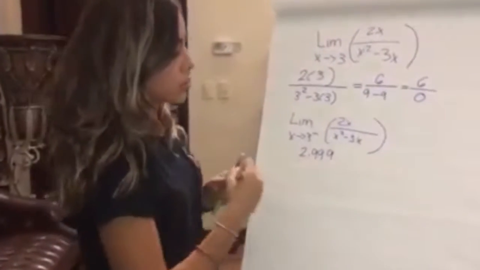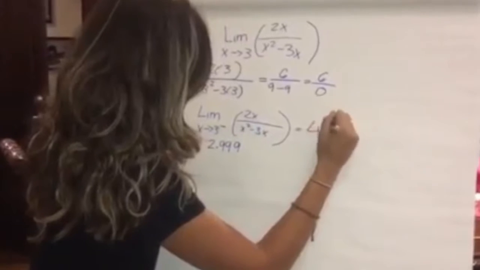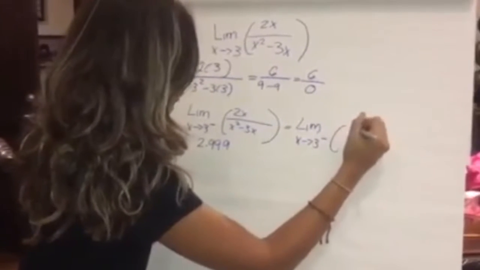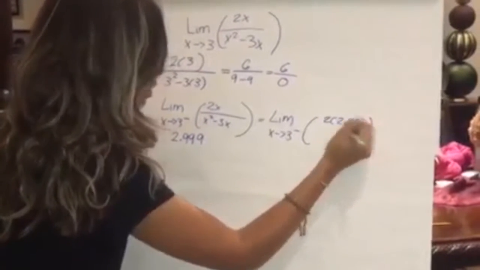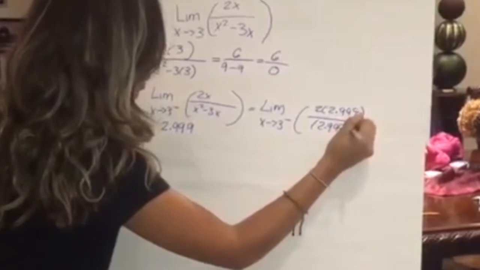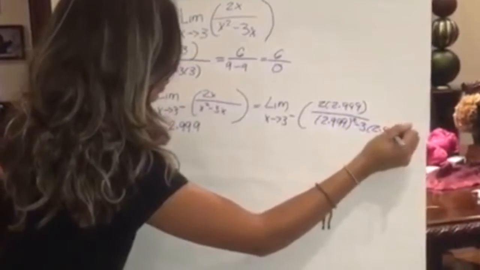We plug in this number into the function, making it the limit as x approaches 3 from the negative side of 2 times 2.999 divided by 2.999 squared minus 3 times 2.999, which equals negative 8.33011.